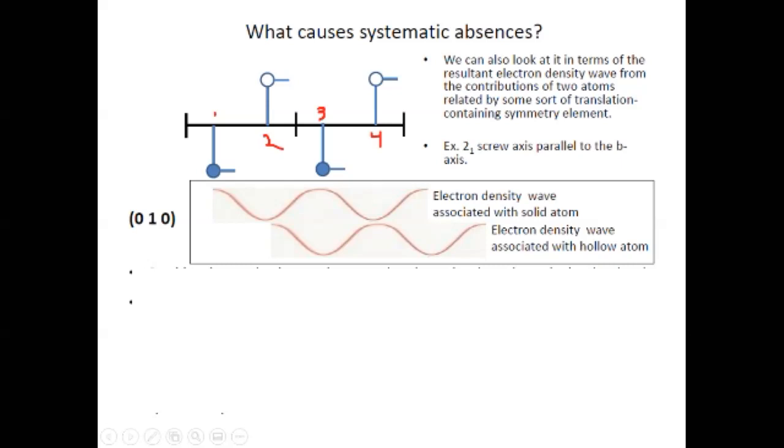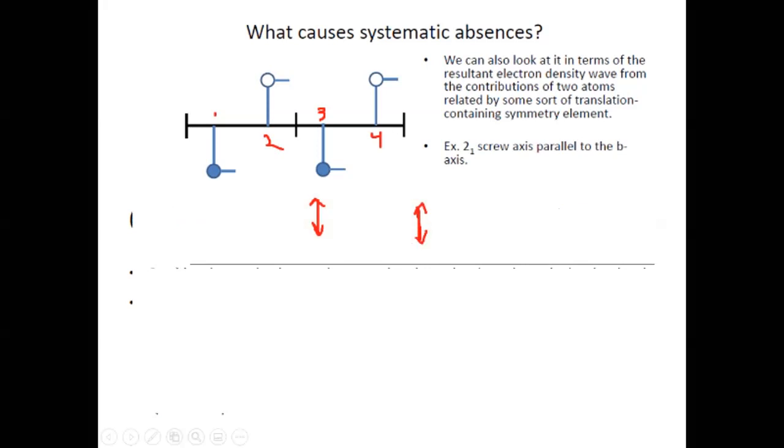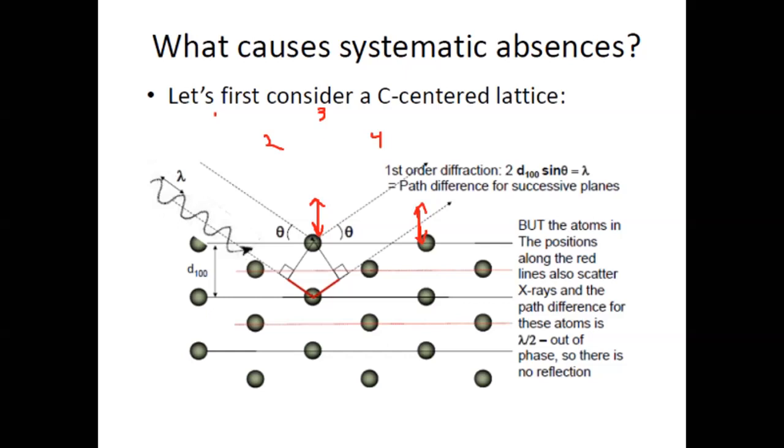Know that these two line up in destructive interference. The peak of one and the trough of the other line up so that they destructively interfere. That means that this 0, 1, 0 would be systematically absent for a 2-1 screw axis parallel to B. Because the axis you translate along is going to generate, if we go back to the previous slide, that lambda over 2 reflection plane, which is going to be destructively interfering because it's out of phase.